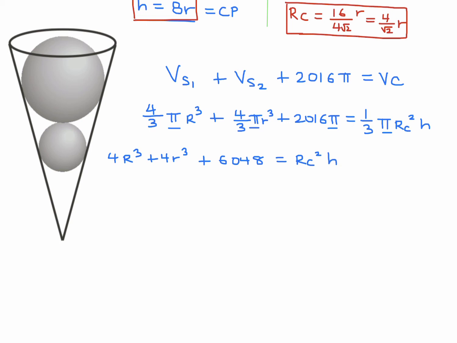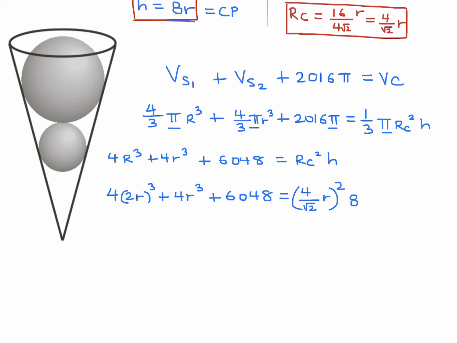Okay, great. Now all I have to do is substitute everything in. So when I do that, this big R, remember, was twice small r. And then this is just 4r cubed. This is 648. Now RC, in a very helpful way, I got it in terms of small r. So that's going to be 4 over root 2 r all squared. And then h, again, I got in terms of small r.